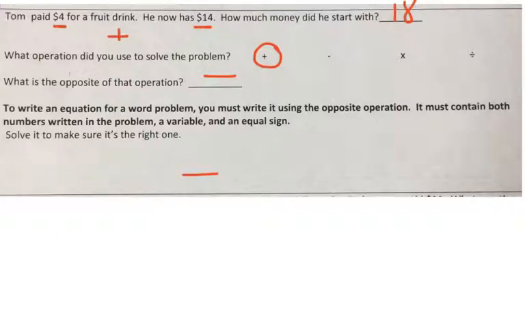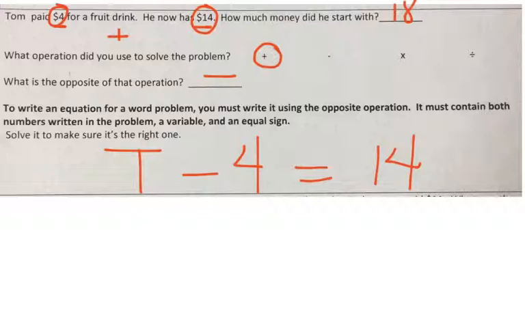I know I'm going to have a variable. I'm going to put in T for Tom. And then I know I'm going to have an equal sign. And then I've got to use 14 and 4. I'm going to put my larger number on the right, 14 over here, and 4 here. Now I'm going to make sure that's the correct equation.